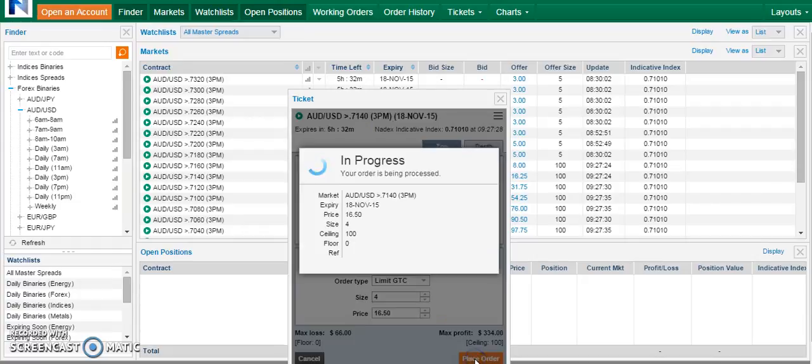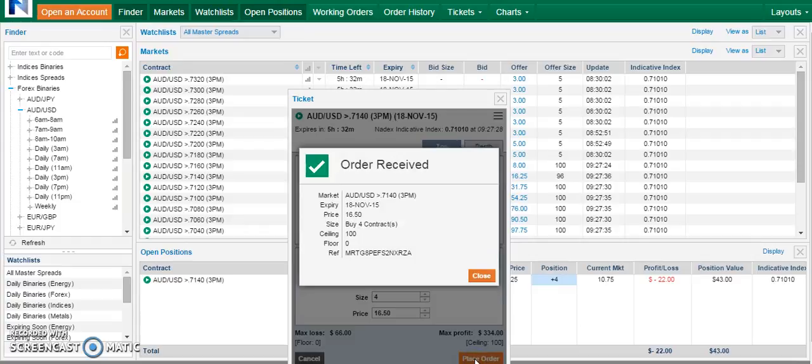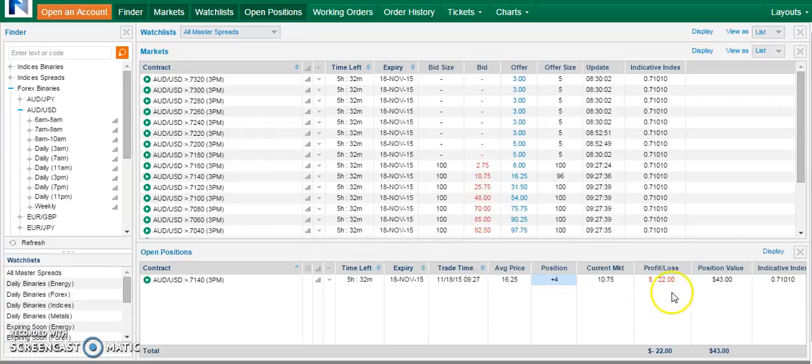Place. Okay. Close it. Right now we're at a $22 loss. That could make a big move. You'll see that we bought it at $16.25. The current market is $10.75 right here.